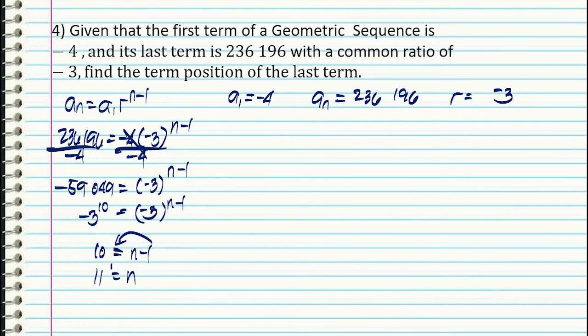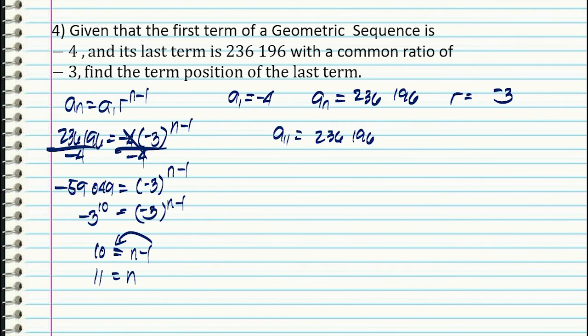So that's the value of n. But the question here is the term position. So a sub 11 equals 236,196. So 236,196 is our a sub 11, or the 11th term.